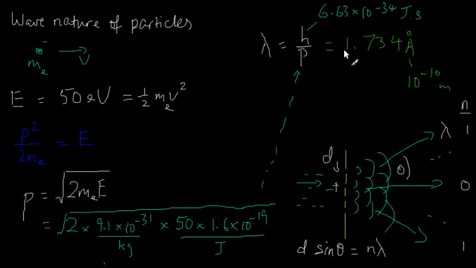So this is much, much shorter than the wavelength of light. This is actually about the size of an atom, which is maybe about 1 angstrom or so. Now that immediately means that there is a problem.